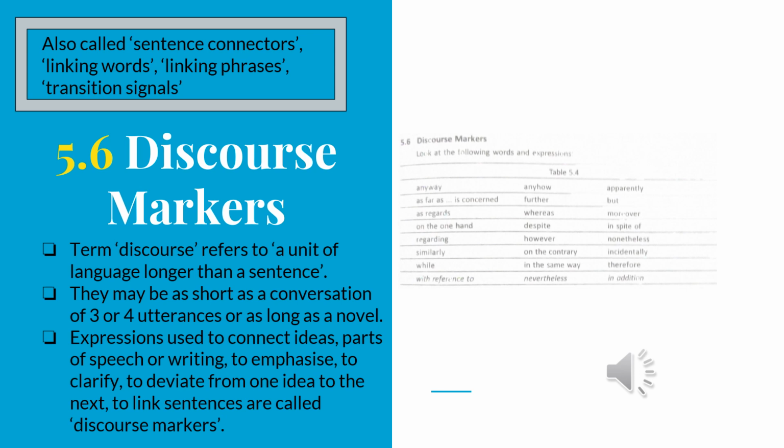We have to use discourse markers in academic writing as part of our vocabulary. Examples of discourse markers are given in the table here. Anyway, as far as, anyhow, further, whereas, however, nonetheless, and all these things make the idea very clear to the readers.